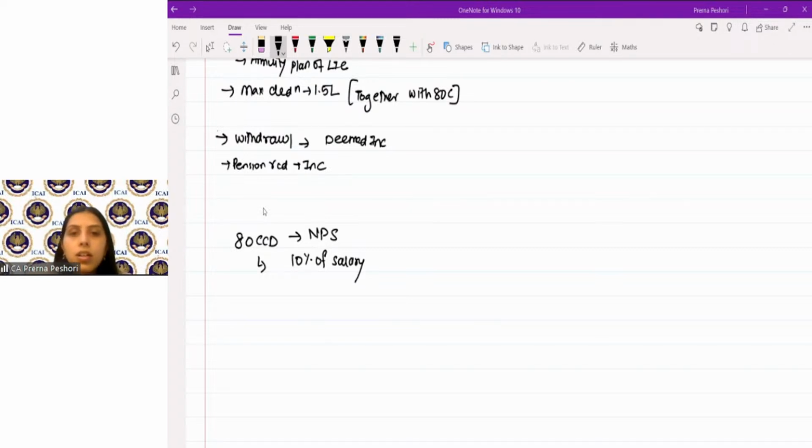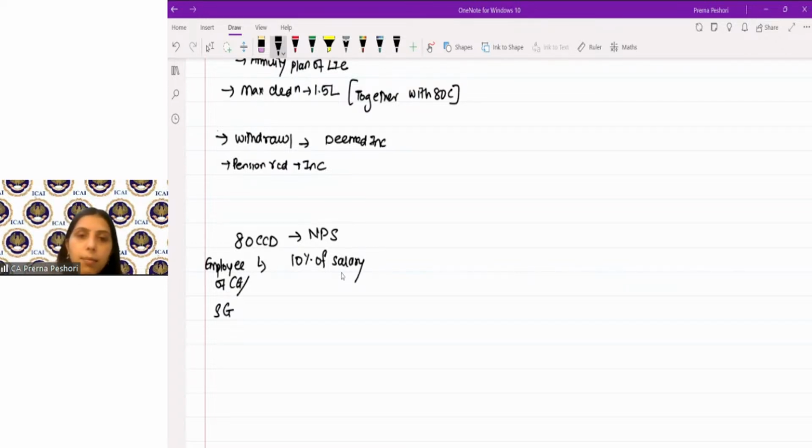So, this is allowed to the employee of the central government or the state government. 10% of the salary is allowed as the deduction, right?